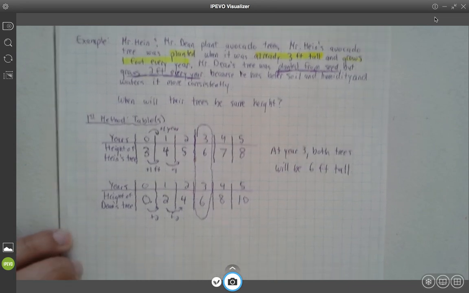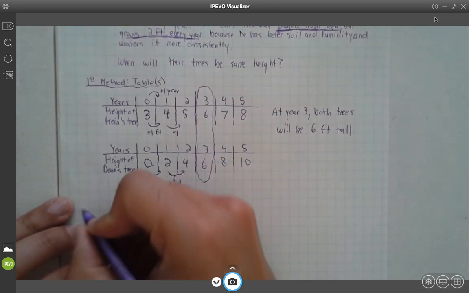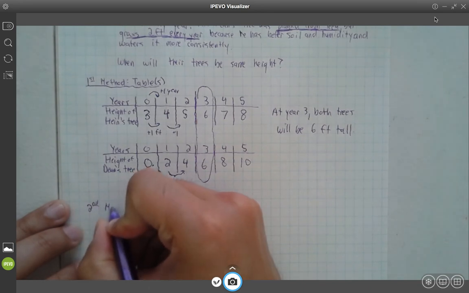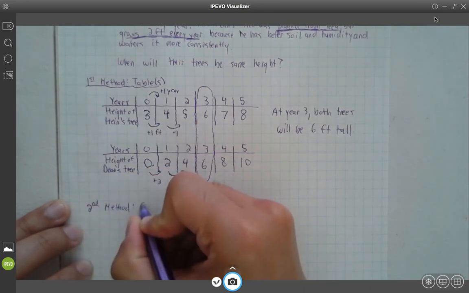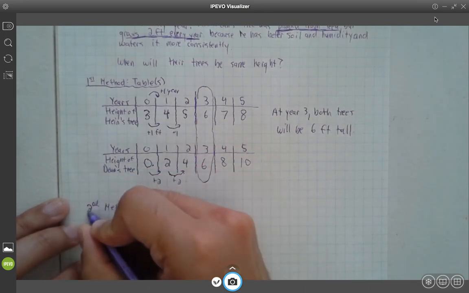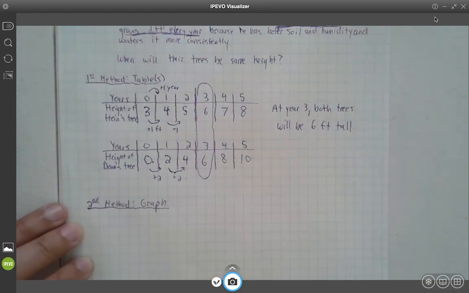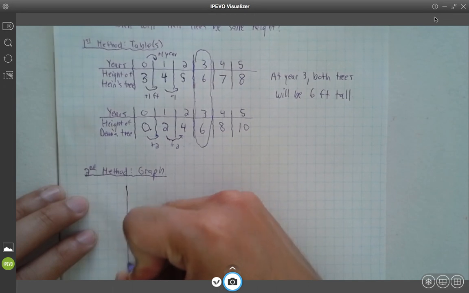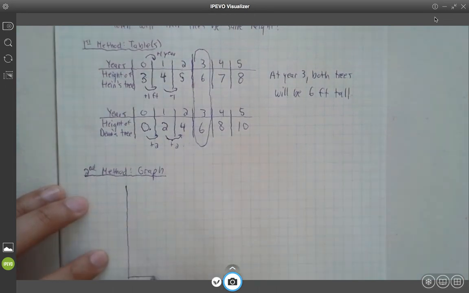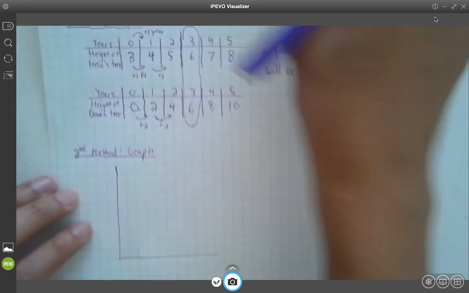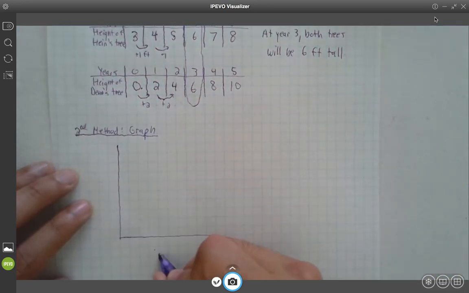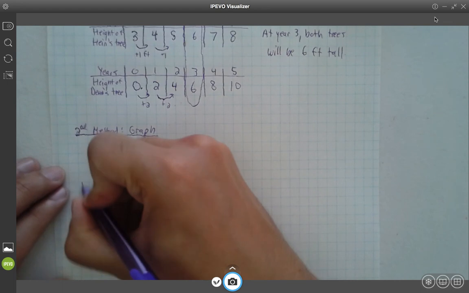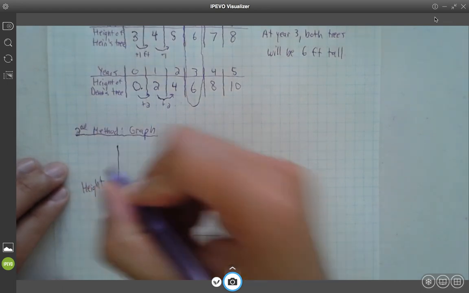Okay. Now, another method you're going to be doing on these, the second method, is using a graph and understanding what that looks like. So if we made a sketch of this graph, let's just draw an XY axis like so. And we'll label it years, so you can see this, and height. Now we have to use the table from above.